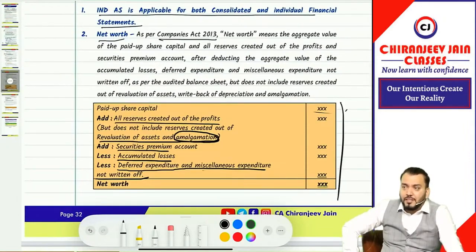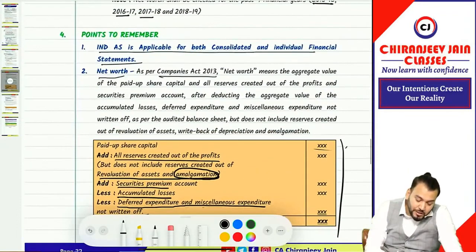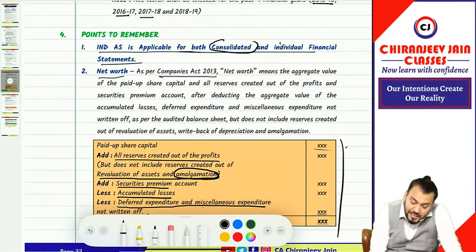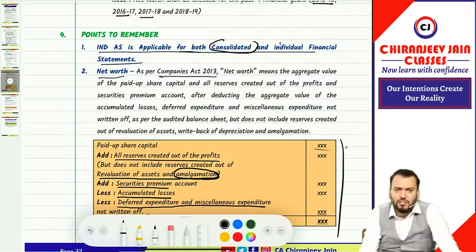Have you understood? So one thing you have understood, that how to calculate net worth. Net worth will be based on which financial statement? Financial statement prepared based on existing accounting standard, that is given. Check. Ind AS is applicable for both consolidated and individual financial statements. Correct? You know about consolidated financial statement, you know about individual financial statement.